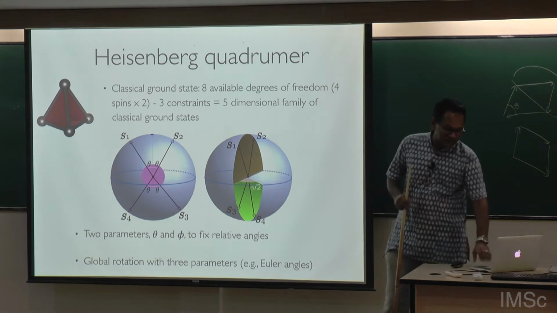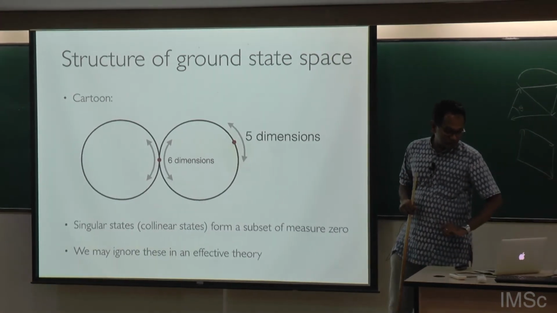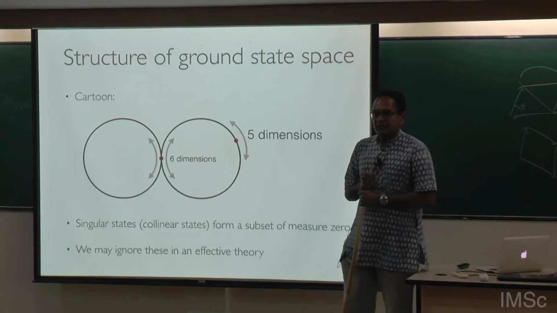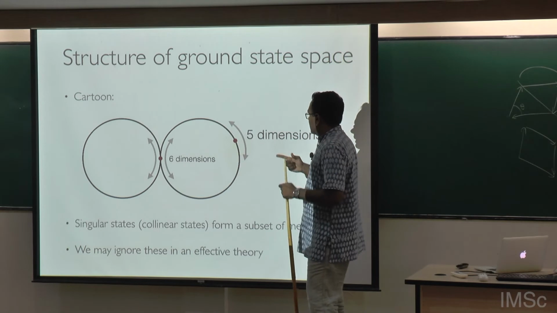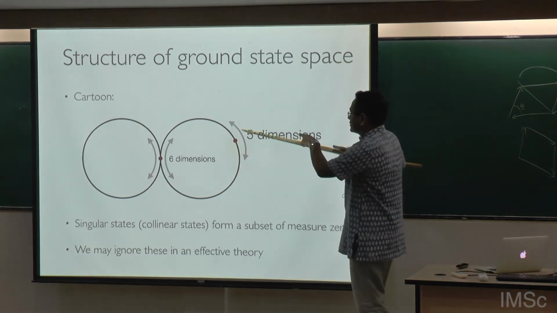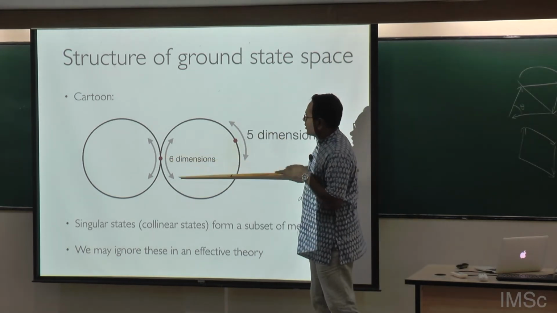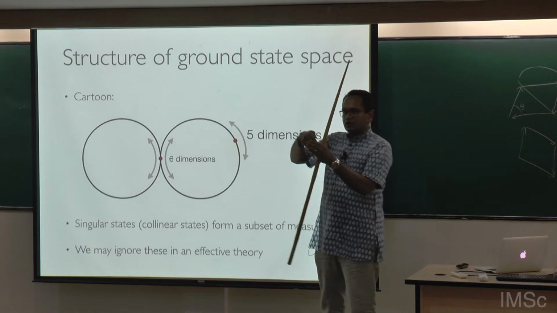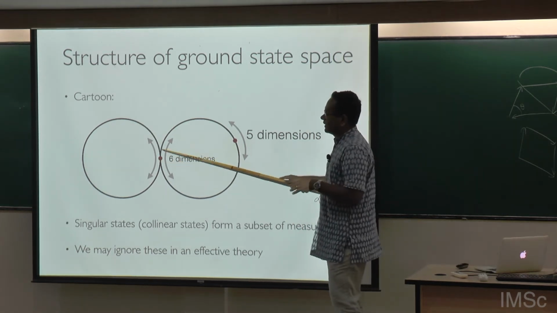Let me try to explain why. Let me first skip to the result. The resulting space that you get looks something like this. This is a cartoon for that space. Generically, that space is 5-dimensional, except at certain singular points, where that space curves in on itself, intersects with itself, and gives rise to 6 dimensions locally.